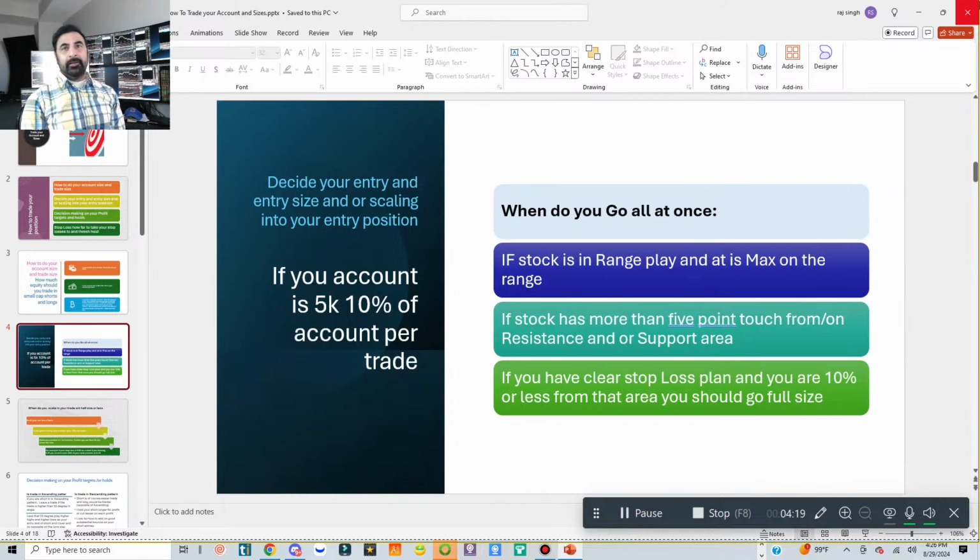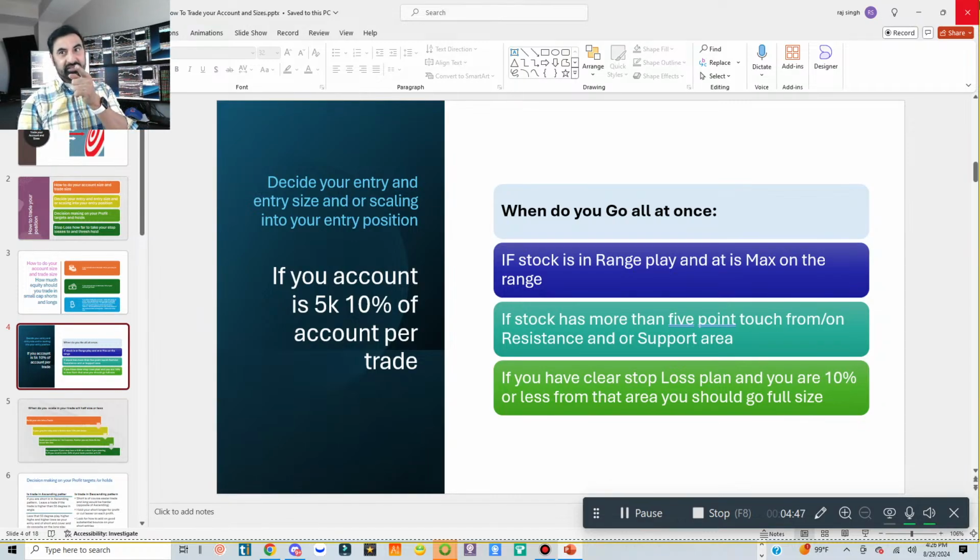If a stock has more than 5 touches, meaning there's a resistance over here and there's a support, on a daily basis, on an intraday basis, or 1 hour, if you see that it touched 5 times, we call that a gold level. Seven is platinum. You can go on a gold level with your big size.